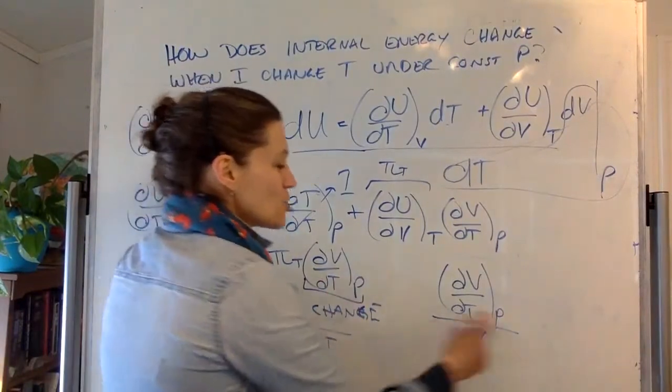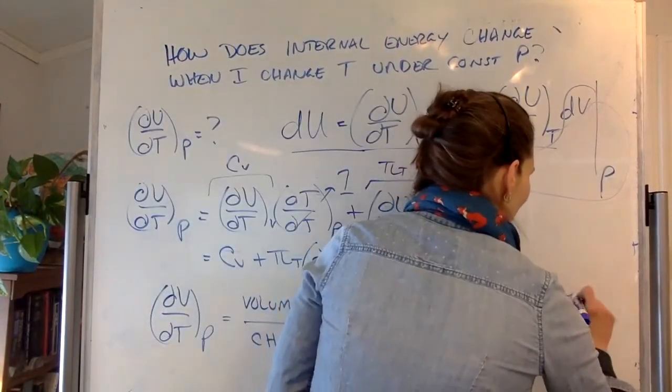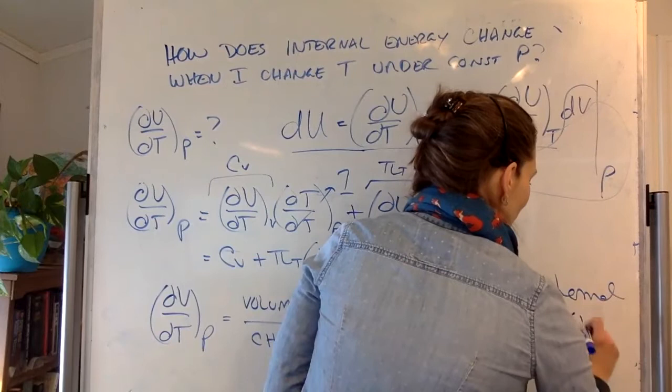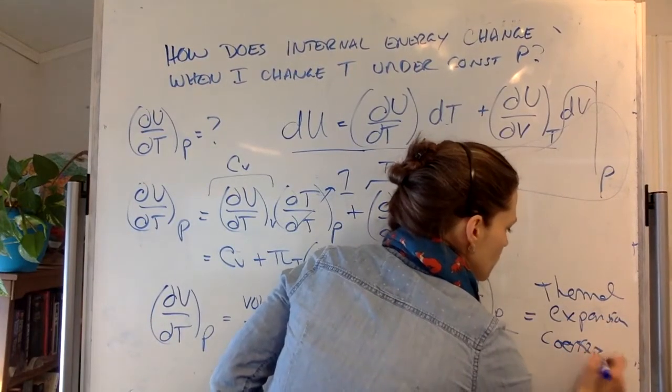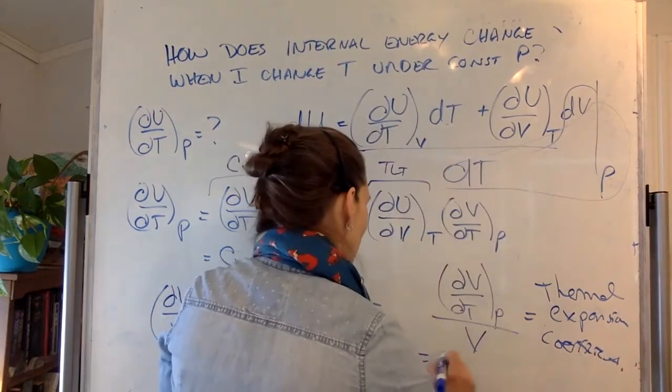Okay, anyway, so we define this as the thermal expansion coefficient, and that's equal to alpha.